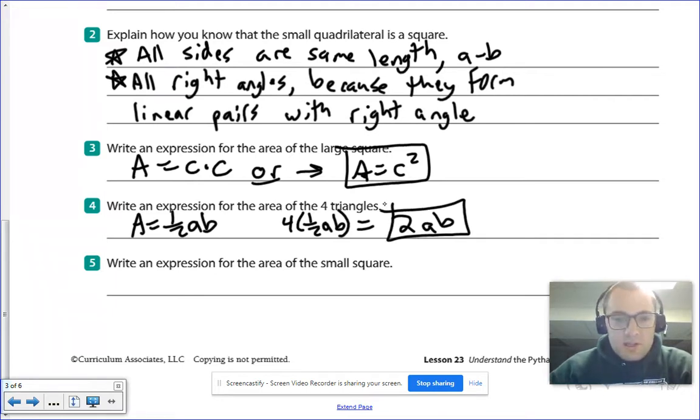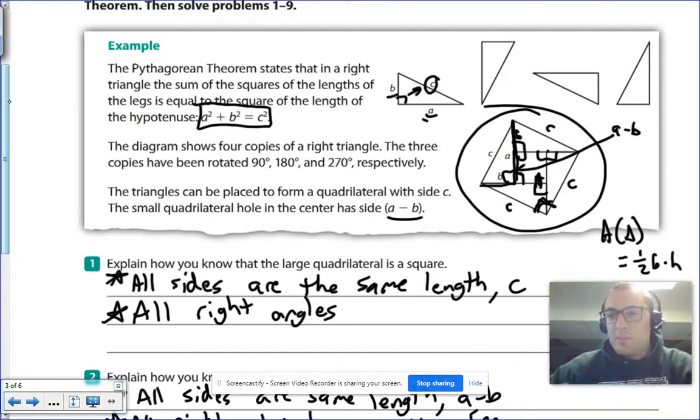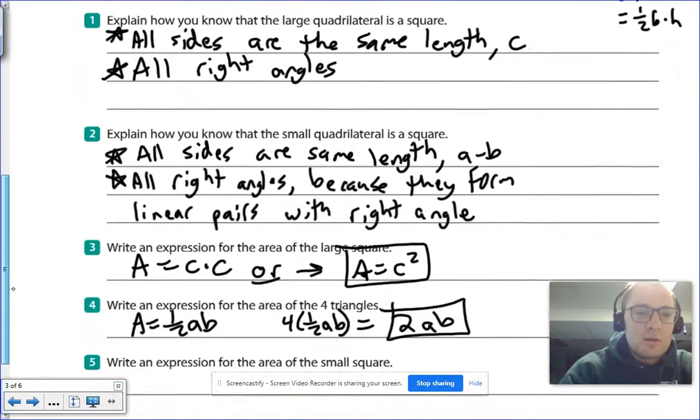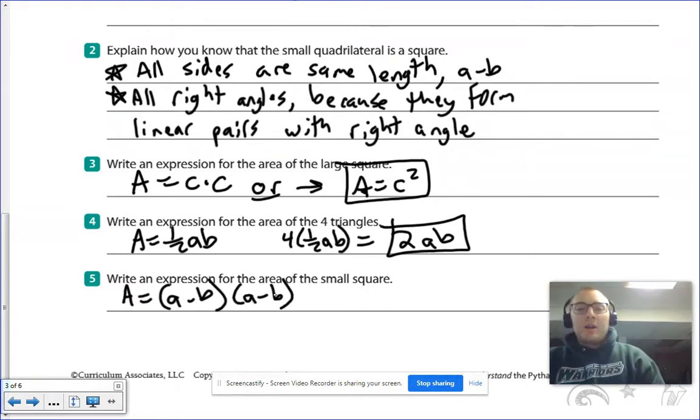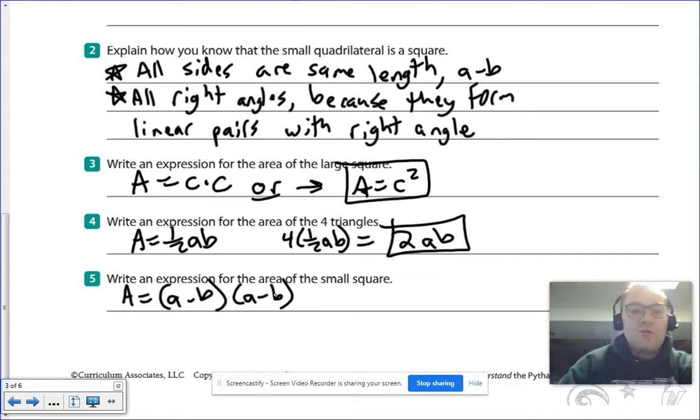Now it says write an expression for the area of the small square. Well, the small square, we said the side lengths were A minus B. So we're going to write that as A minus B times A minus B. We actually talked about this in the lesson video a little bit, how to do that. So how do you actually simplify that?